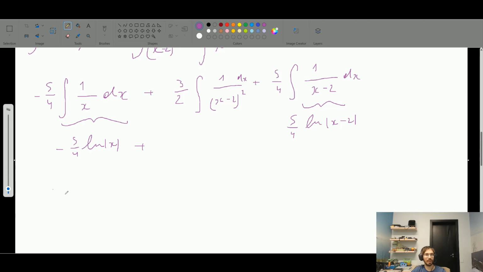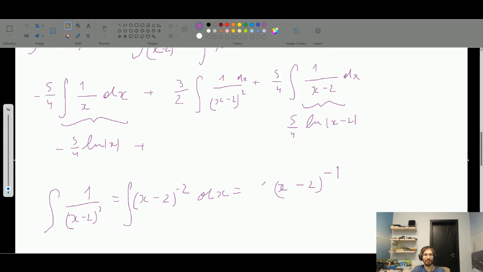Well, 1 over (x minus 2) squared can be written as (x minus 2) to the power minus 2. And then this whole thing can be coped with using the normal rule of integration. So the integral of that thing, dx, will be the same as (x minus 2) to the power minus 1, so the power is raised by 1.